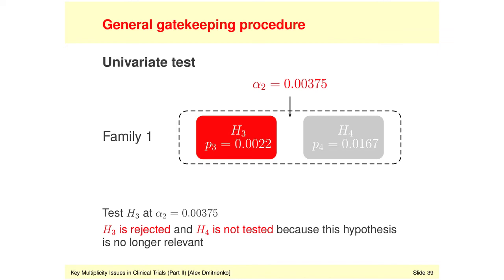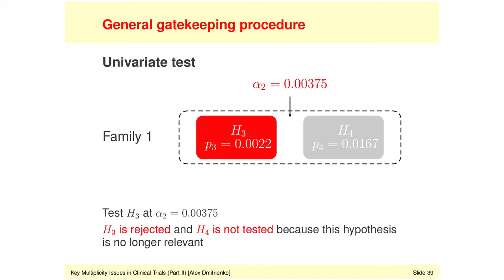That's the hypothesis H3, and we can easily verify here that since the p-value corresponding to that hypothesis, which is equal to 0.0022, is below the local alpha level of 0.00375, we can come to a conclusion that H3 is rejected, and once again H4 is not even tested because this hypothesis is no longer relevant.